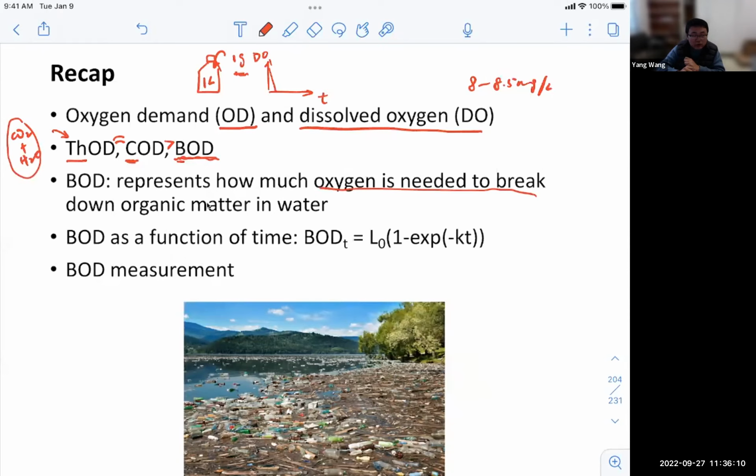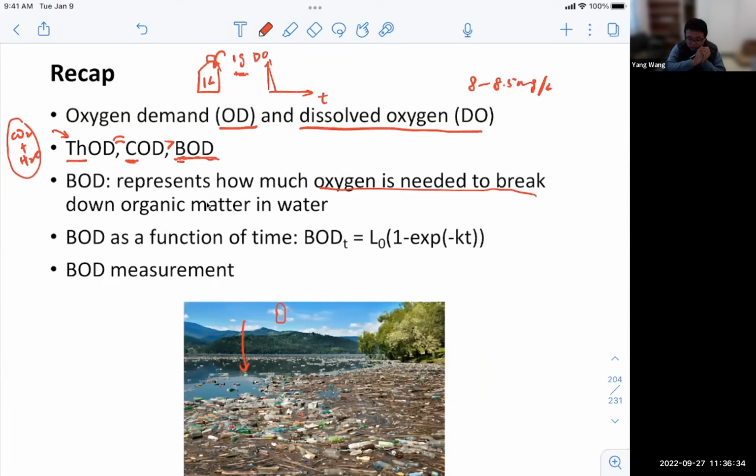We further showed that the BOD is a function of time. If people want to determine the BOD of this water, they take a sample of the water, put it into a bottle, bring it to the lab, first dilute it, and then add in the bacteria to see how much oxygen is getting consumed.